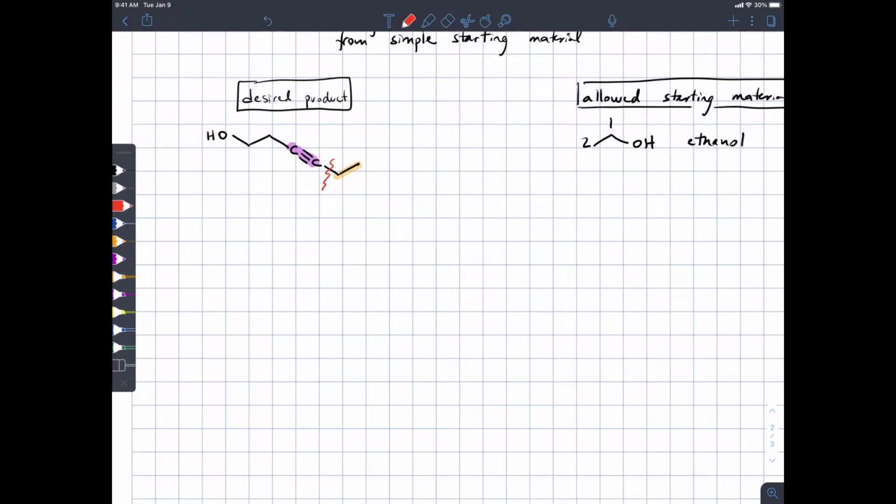Does that sort of make sense? If all you're allowed to use is something with 2 carbons, you're going to have to connect some of those 2 carbon units. Similarly, it looks like one efficient way to do this might be to connect the 2 carbons on the end with the purple segment.